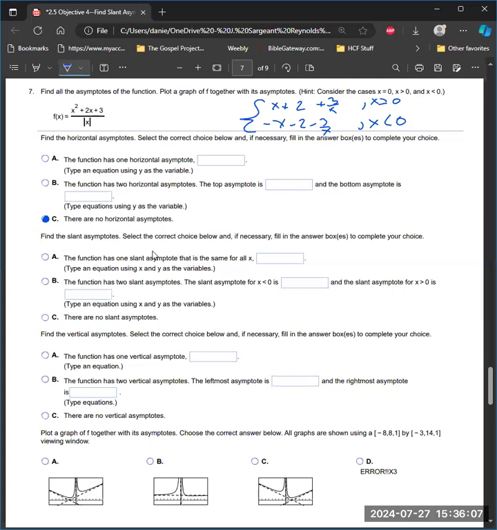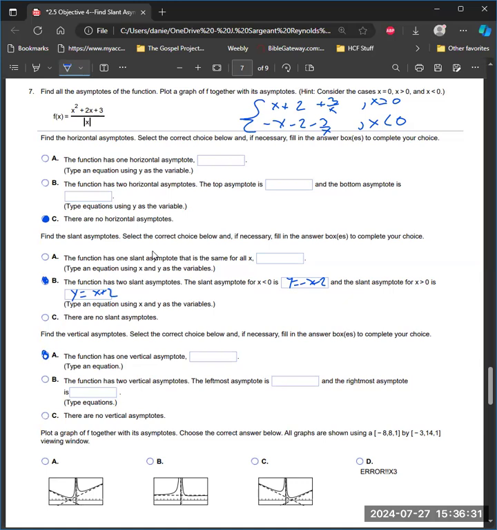It has a vertical asymptote. The function has two slant asymptotes. When it's less than 0 is y equals -x minus 2. And when it's greater than 0, y equals x plus 2.